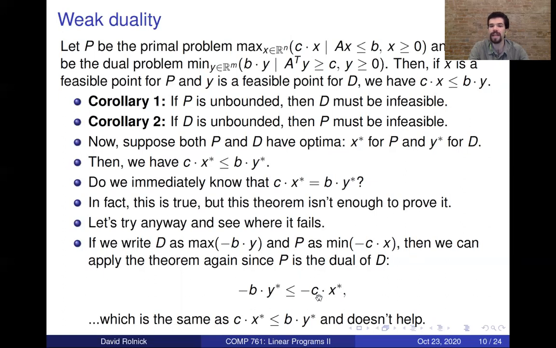But if we take negatives, then unfortunately the inequality sign flips as well. So if we try to flip the primal and the dual, we get the same result, because of the negative signs. It tells us exactly the same thing. Weak duality does not give us strong duality. Again, if you didn't get this slide, don't worry about it.